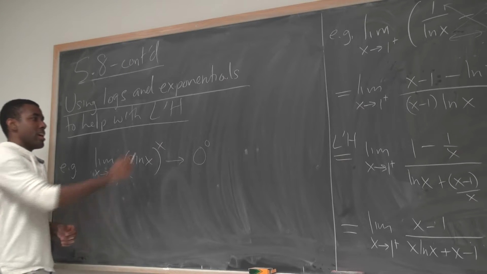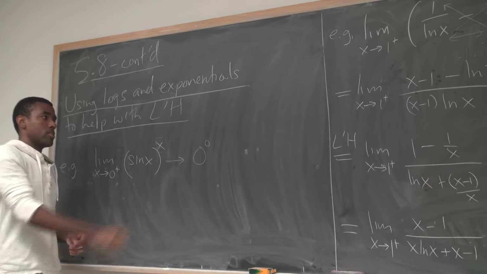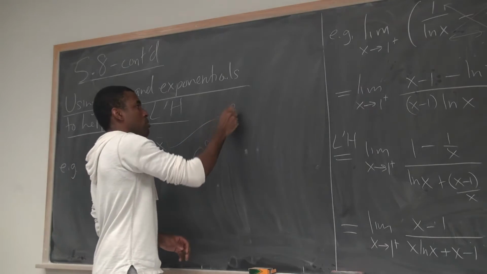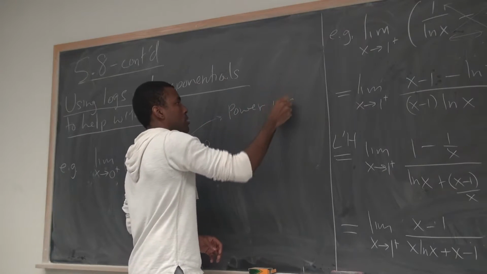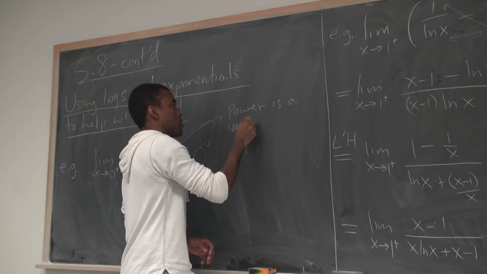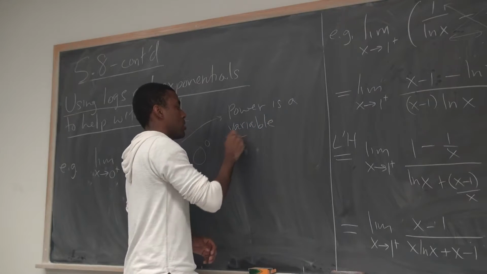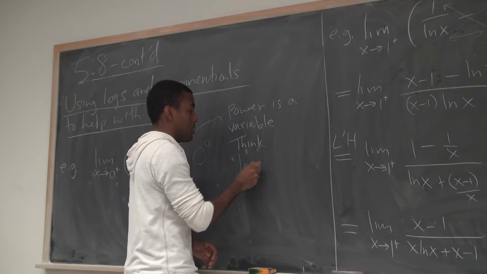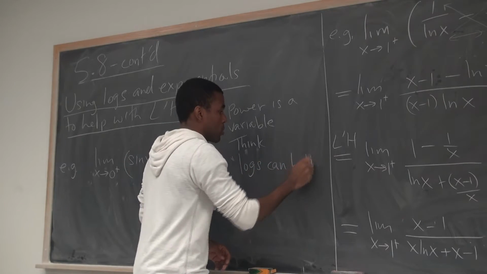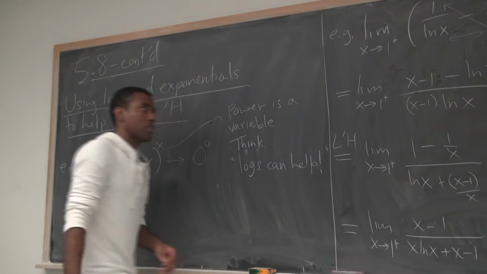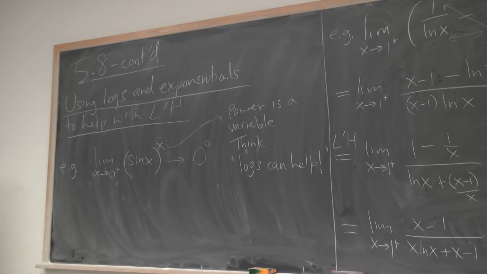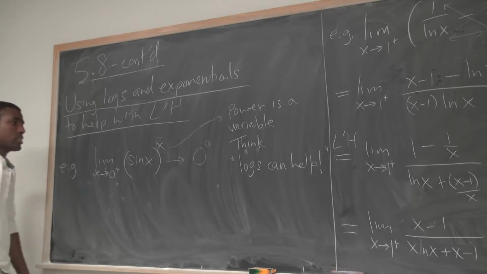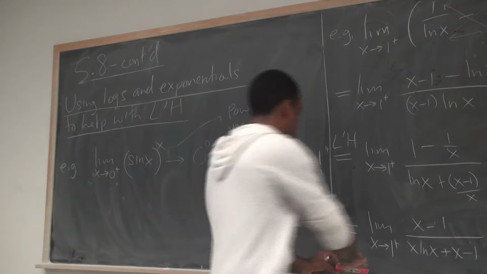On top of that, I have an x in the power; the power is a variable. Think logs can help. This is usually when you're going to want to use logs, because logs turn powers into products. So let's see how this can work.